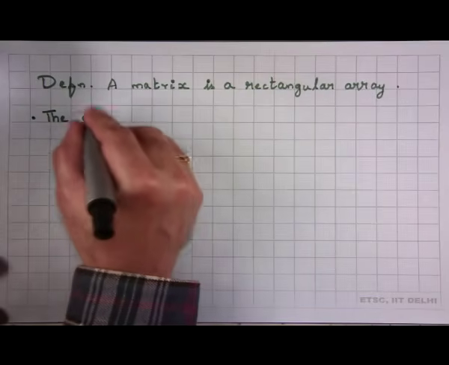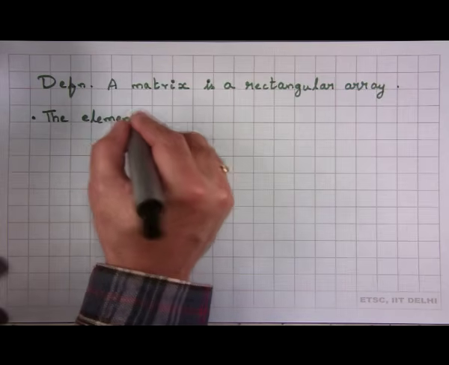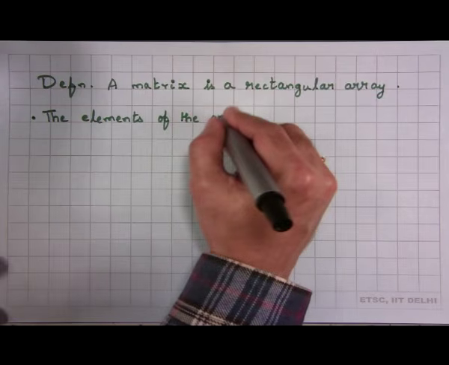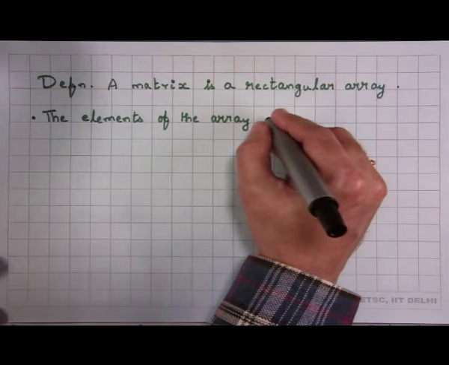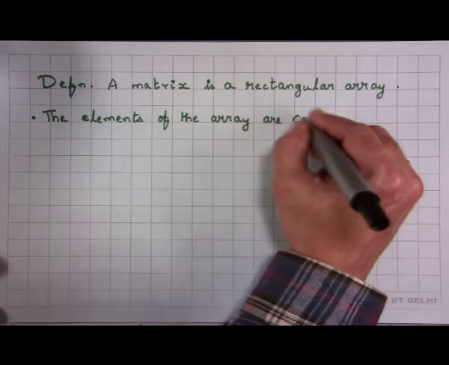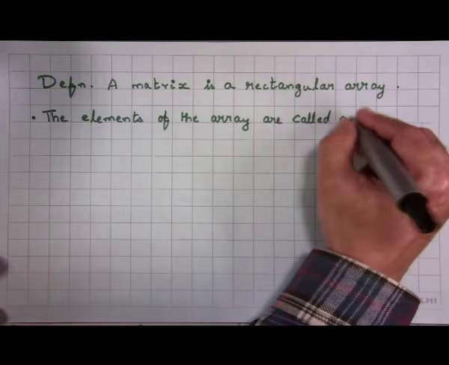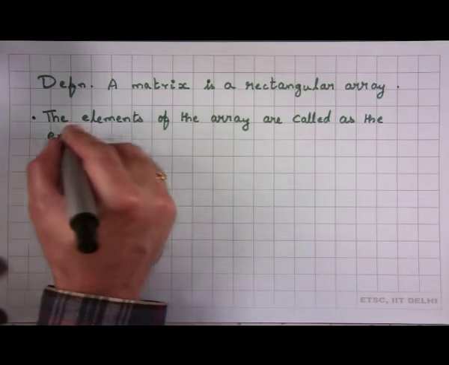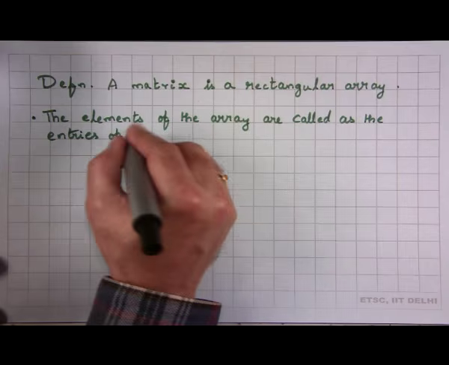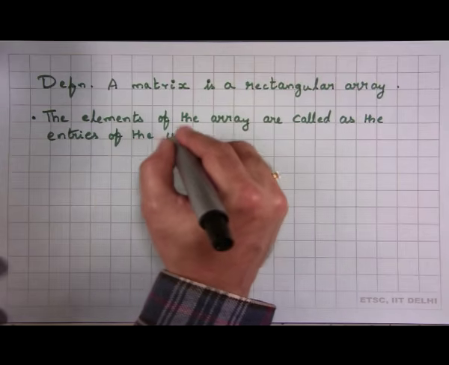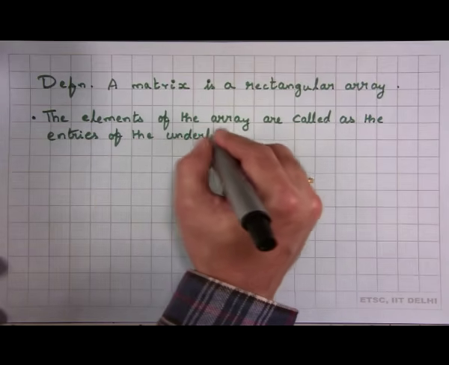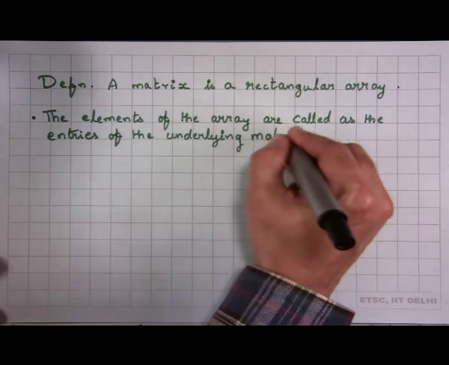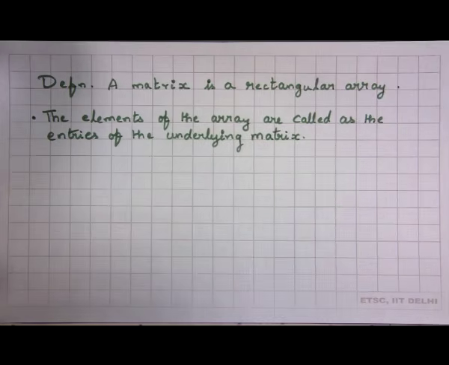The elements of the array are called the entries of the corresponding or the underlying matrix.